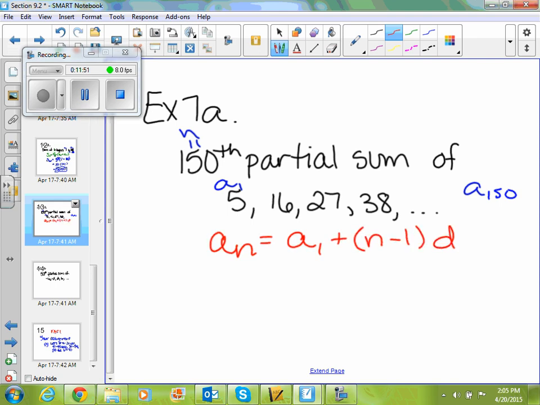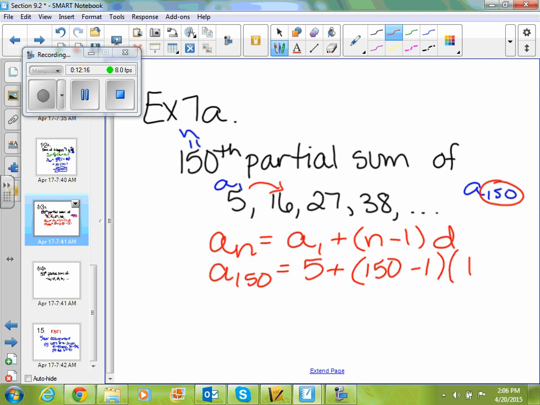Okay, and so to find any nth term, you use your nth term formula. So I know I'm going to find my 150th term. So a sub 150 equals, well, my a sub 1 is still 5. I'm finding my 150th term, so 150 minus 1. And then what's my common difference? What do I do to get from 5 to 16? 11.